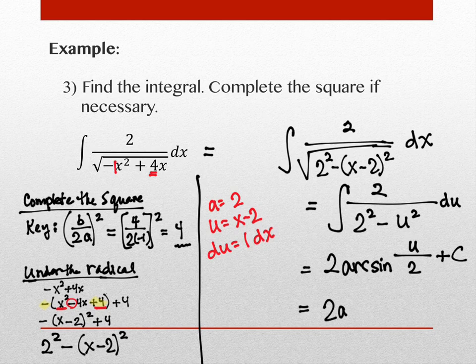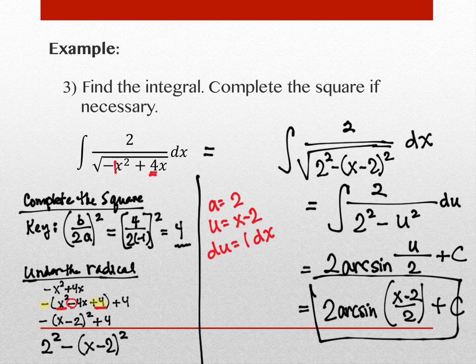Our u value is actually x minus 2, over the 2 that's already there, and then plus c. Do not be tempted to think that somehow you can simplify this 2 and this 2. You can't. One of them is inside of an arc sine function, and the other one is on the outside of it, so they cannot be combined. This is the final answer for our problem.